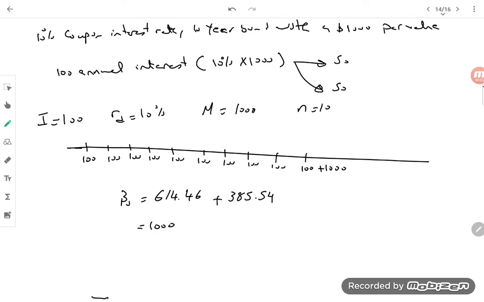So the summation will be $1,000, which is equivalent to the face value or the par value.